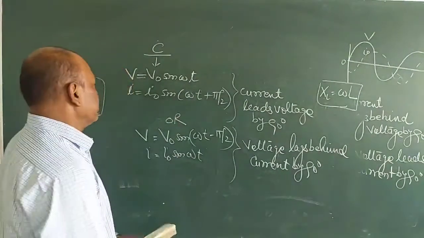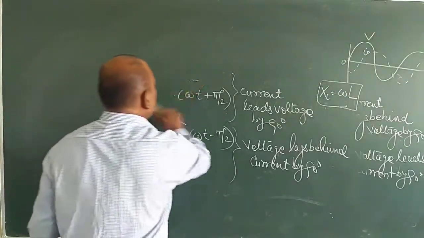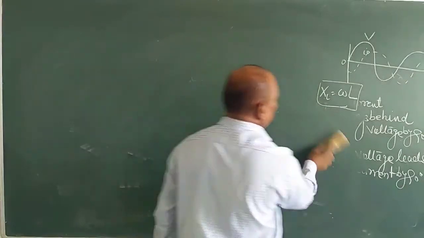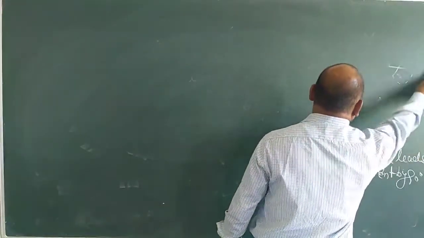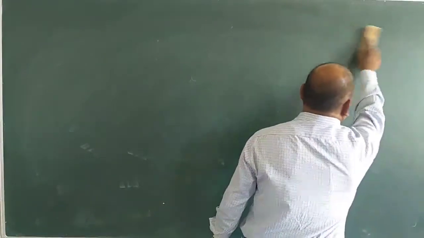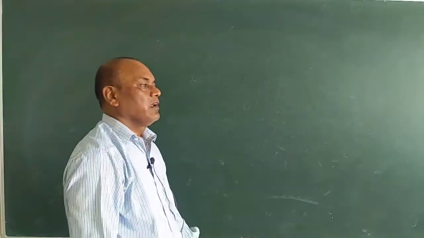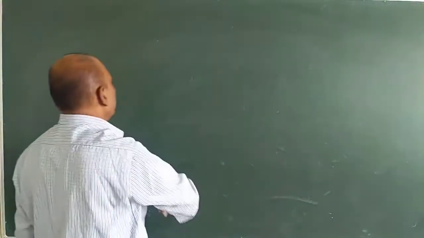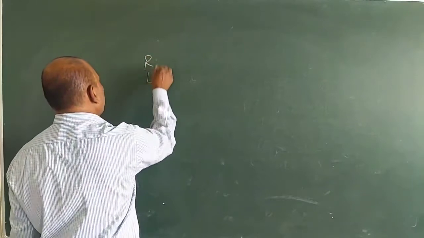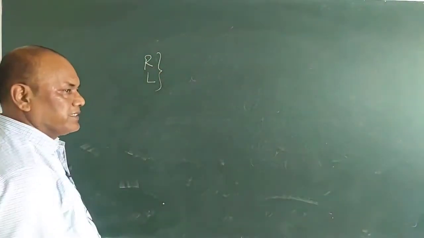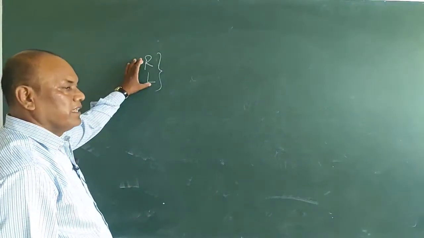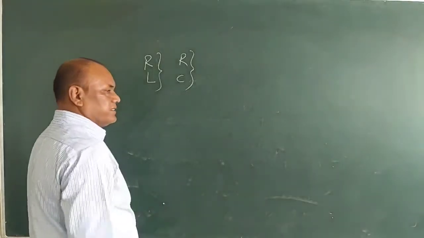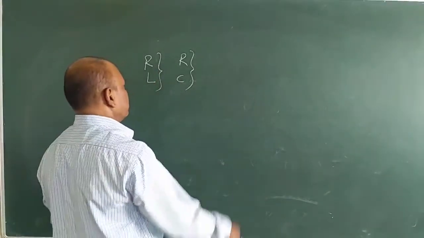Now next, here we have studied R resistance, L coil and C as a capacitor separately connected to AC mains. But suppose that if R and L are connected in series, then it is called LR circuit. If R and C are connected in series, then it is known as CR circuit.